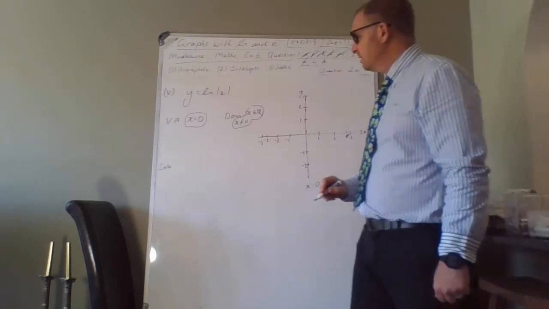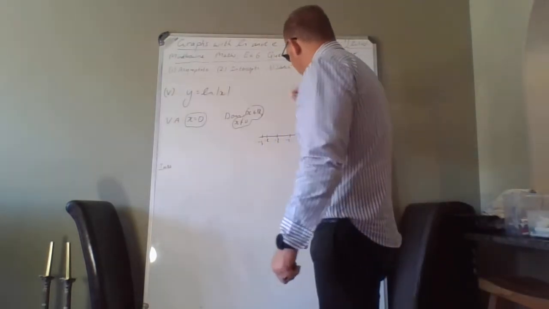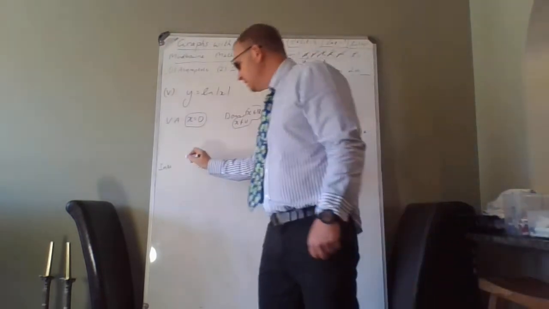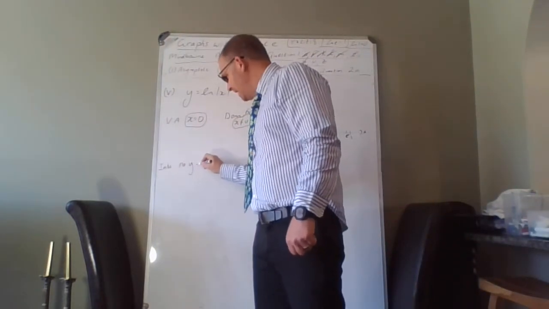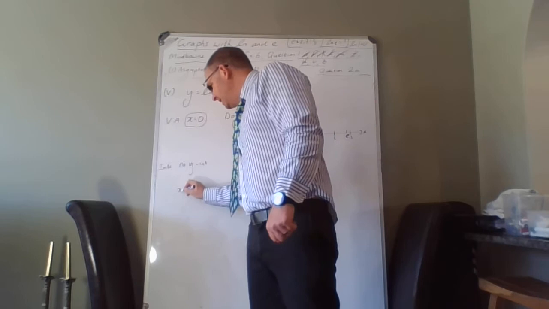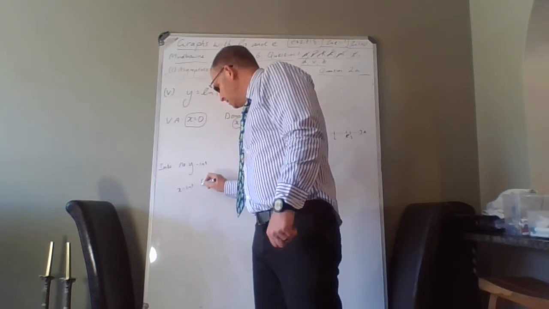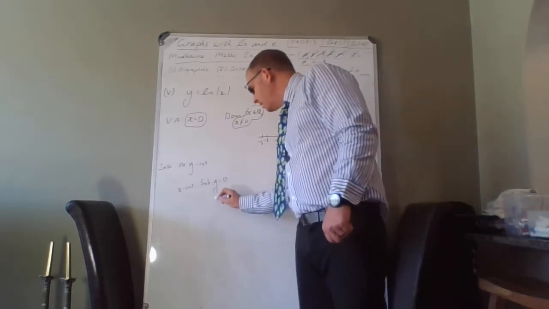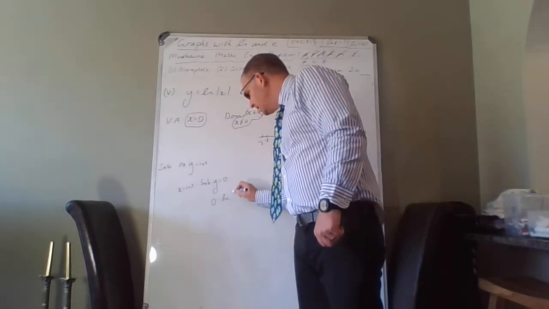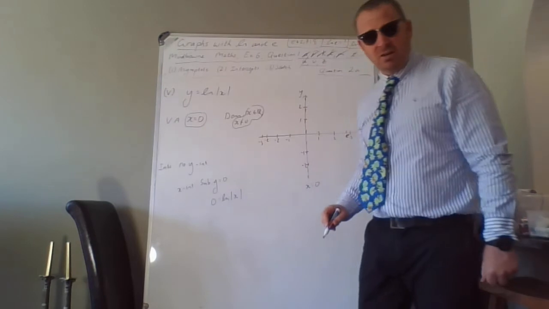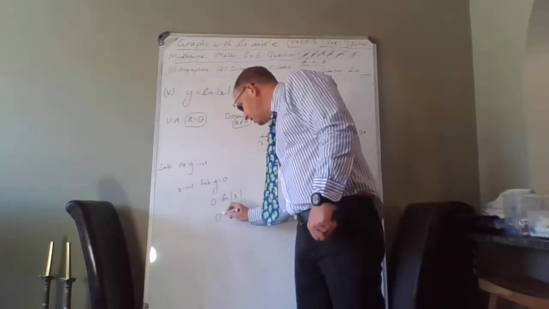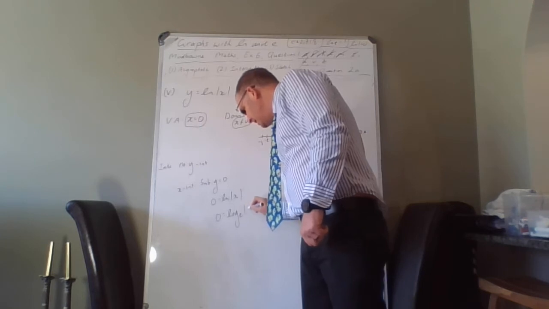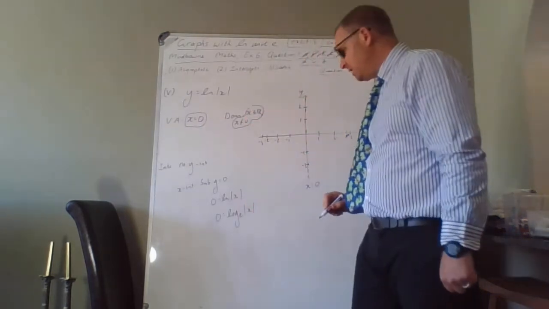Then the intercepts, well, it's never going to cut because that's the asymptote, so there's no y-intercept. And the x-intercept, well, sub y is equal to 0. And I get 0 is equal to ln absolute value of x, which means 0 is equal to log base e of absolute value of x.